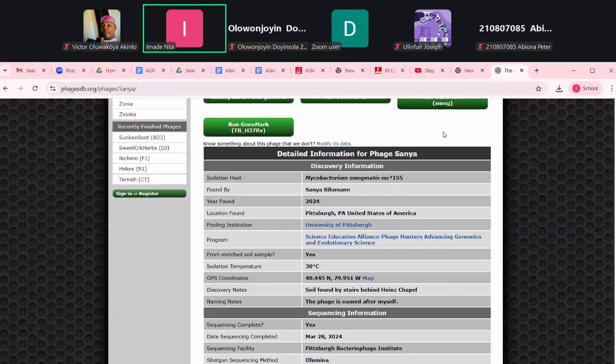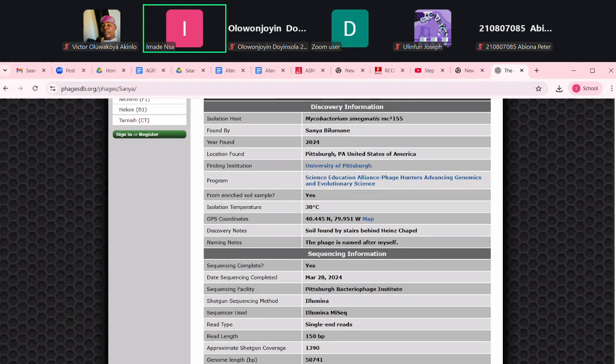If that phage has very strong therapeutic potential, you want to go back to the same soil where the phage was found. The discovery notes the soil was found beside the stairs behind Hen's Chapel. The phage is named after myself, so there's a Sonia Bilumani, so he named the phage after him or herself.